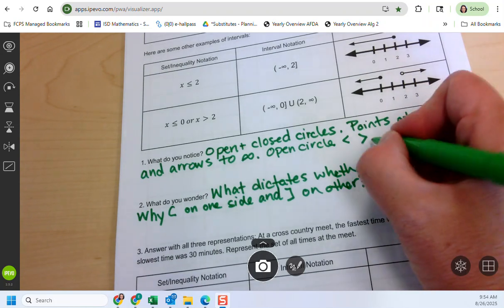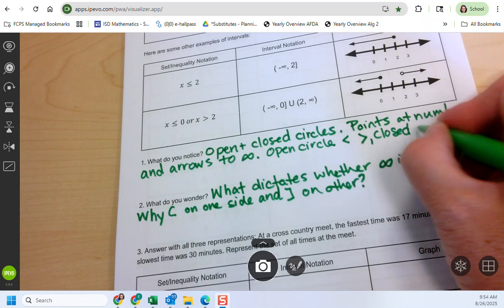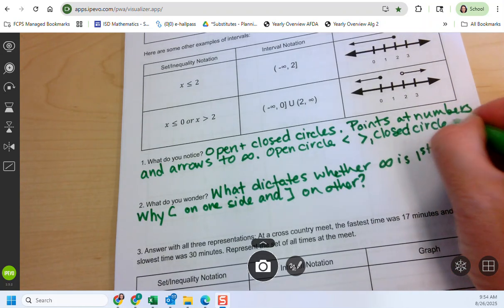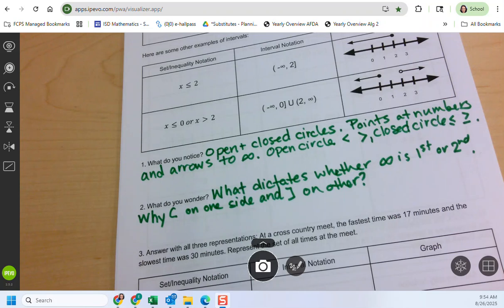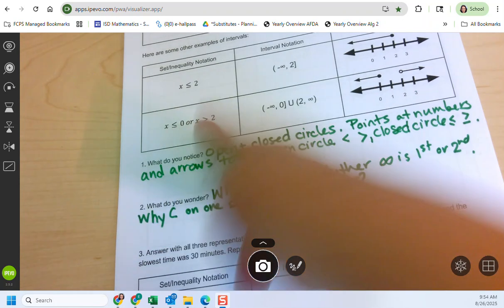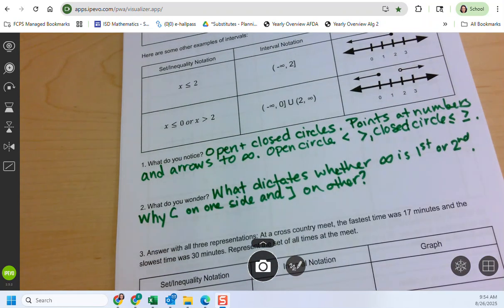And then closed circle, the colored in circle, is this one or this one? Good. All right, what do you guys have? This one is if they're using a greater than or equal to. Okay, so you notice that these two symbols? Okay. Since I have these here, I'm going to not write further on that one.